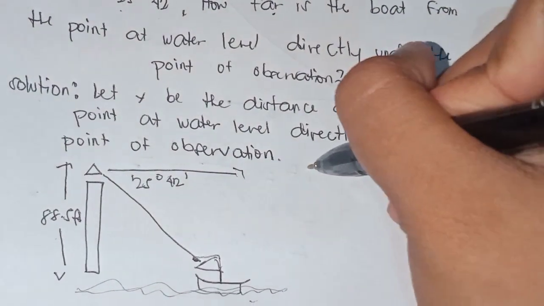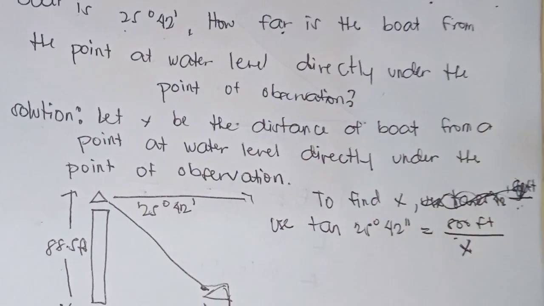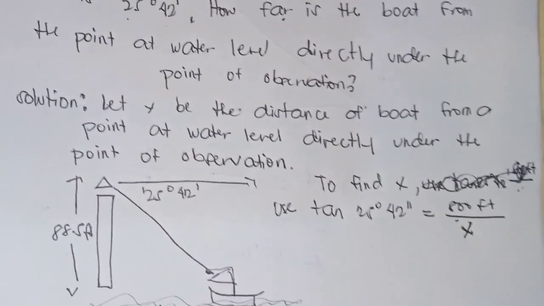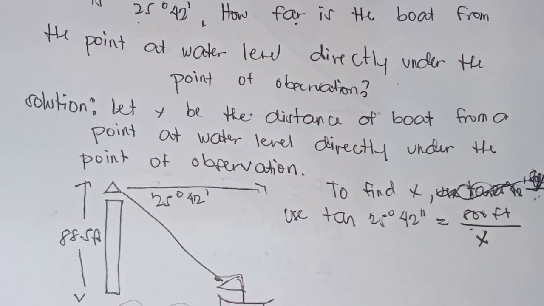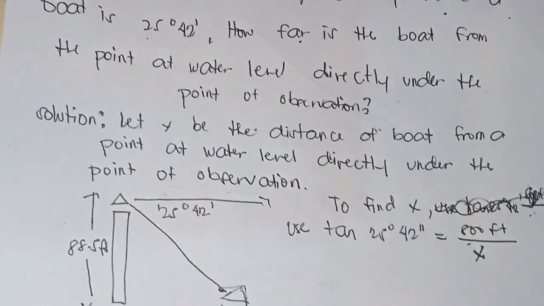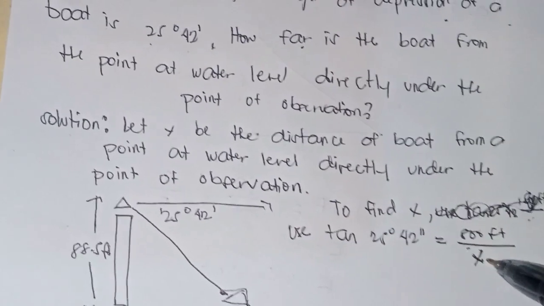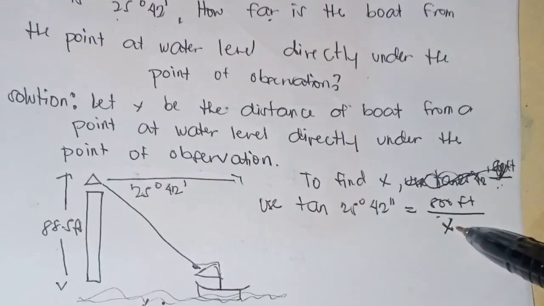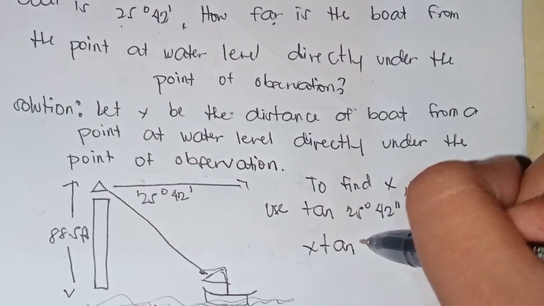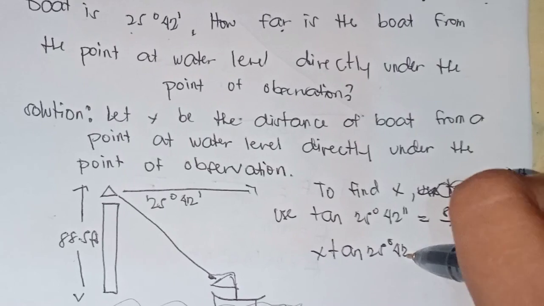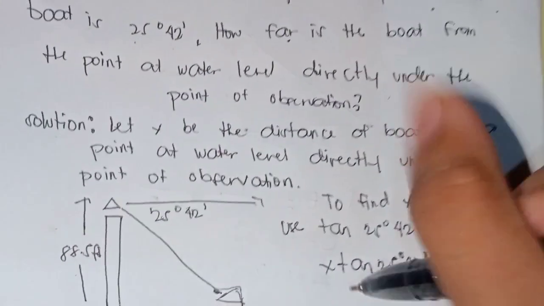So to find x, we use tan 25 degrees 42 minutes is equal to 88.5 feet over x. To solve, we must use the multiplicative inverse, so we have x tan 25 degrees 42 minutes is equal to 88.5 feet.